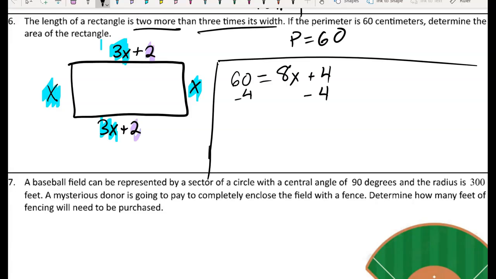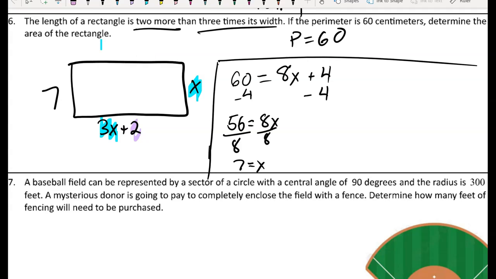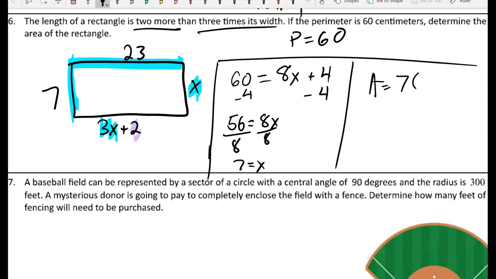Because to solve for x, I could just subtract away the 4, and then divide out the 8 to find that my value for x is 7, which means that my width is 7, and my length is 3 times 7, which is 21, plus 2 is 23. So if I'm finding the area, remember that's just base times height, so the area of that rectangle would just be 7 times 23, or 161 centimeters squared.